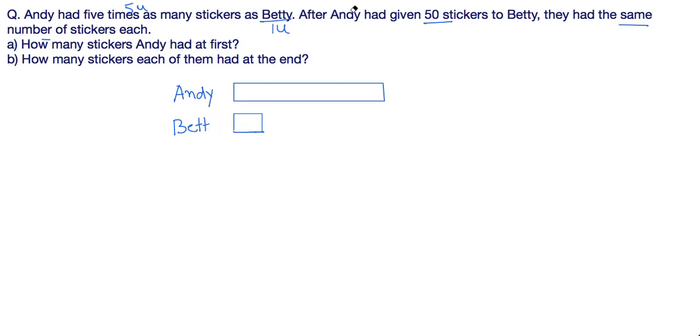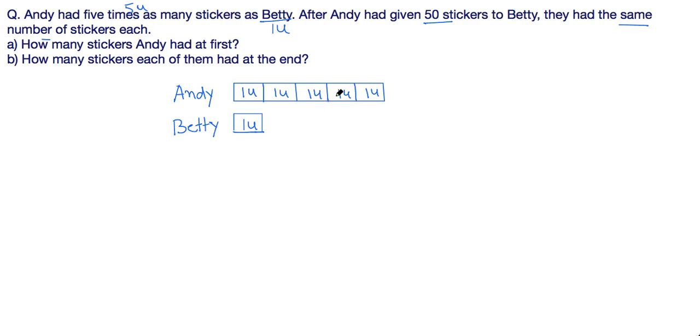So for Betty it's only 1 unit, and for Andy it is 5 units. So it's 1, 2, 3, 4 and 5. Let's write it. So Andy is, you can see here, 5 times, and so that's why 5 units.